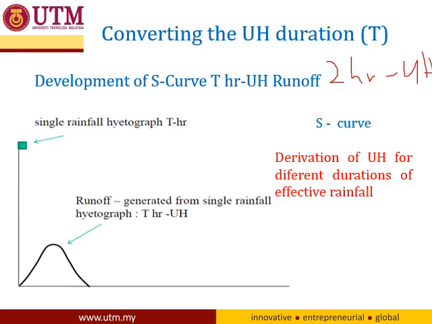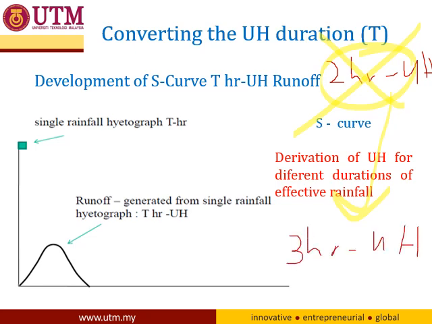So now this 2-hour unit hydrograph can only be used for a storm with 2-hour excess rainfall. So what if the storm is not a 2-hour excess rainfall storm? You cannot use a 2-hour unit hydrograph because it is generated from a 2-hour storm. So if you have another excess rainfall storm with a duration of 3 hours, you cannot use this 2-hour one. Okay, so you have to convert it into a 3-hour unit hydrograph.